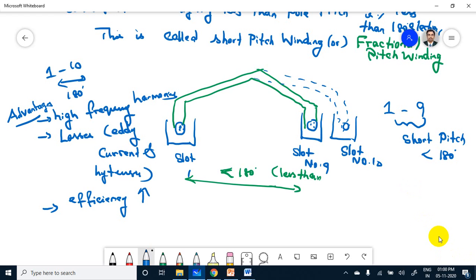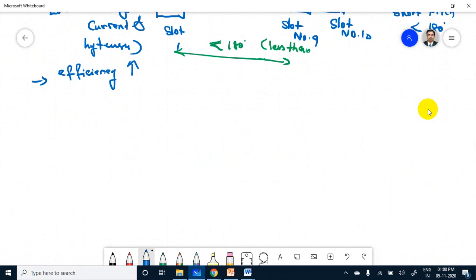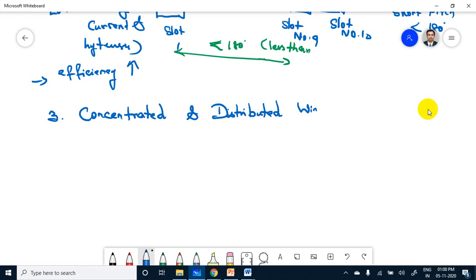These are the advantages. And the third one is called concentrated and distributed winding.